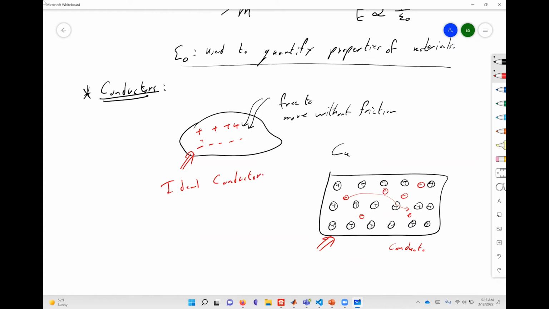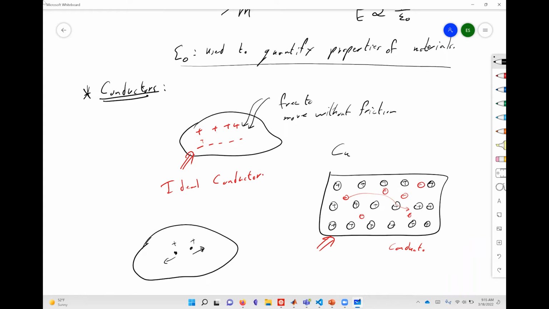Okay, now what happens if I disturb this equilibrium, meaning I take some charges from outside? So this is my conductor. It has a sea of positive and negative charges that are completely free to move, but then I inject 2 positive charges. Those 2 extra positive charges are free to move, right? So they will repel each other. There will be force between themselves, right? They're completely free to move without friction.